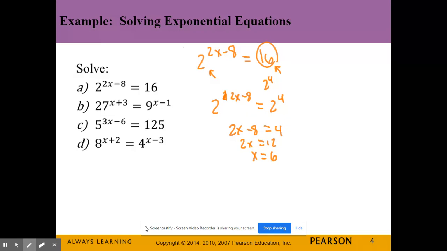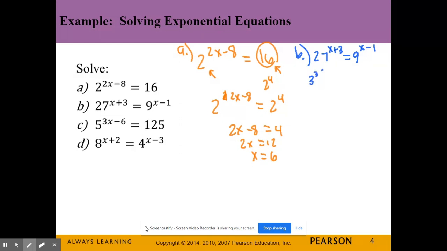But what you can do is manipulate both of them, because they are both powers of 3, right? 27 is 3 cubed, 9 is 3 squared. So what you can do is turn 27 into 3 cubed, and you can turn 9 into 3 squared.